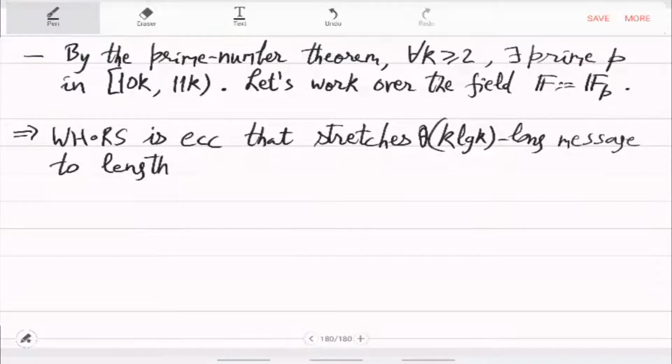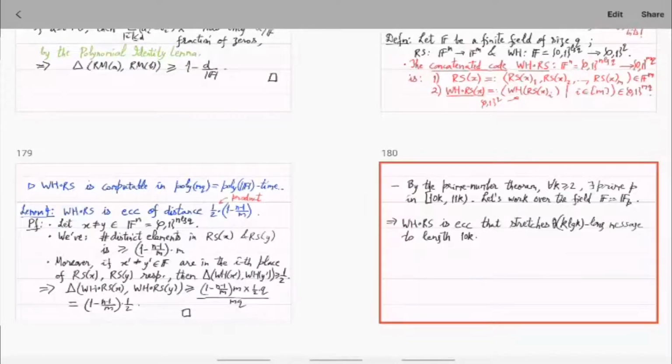Let me not get into the exact constants; let me keep this part approximate. m here is kind of p, so I take this 10k, and log k will be stretched to p.